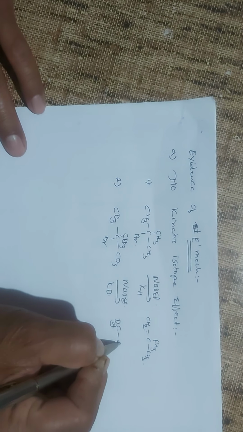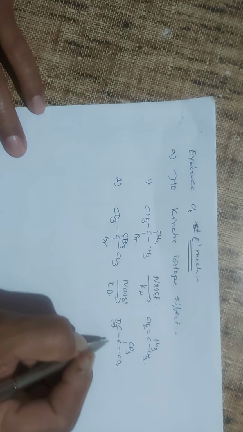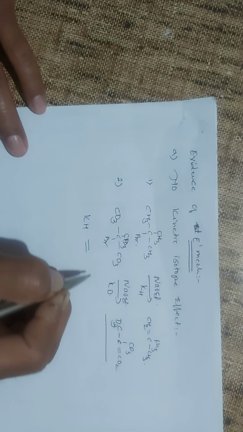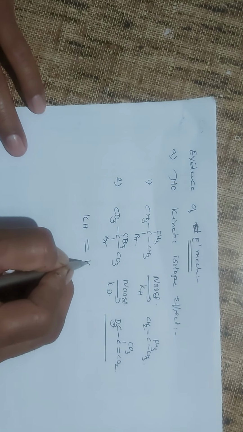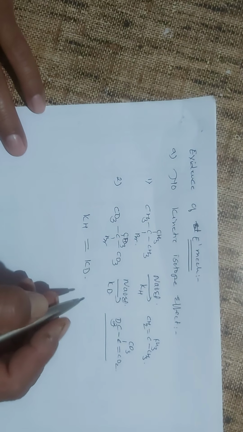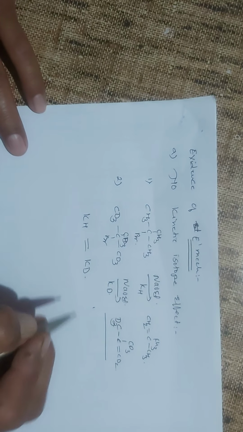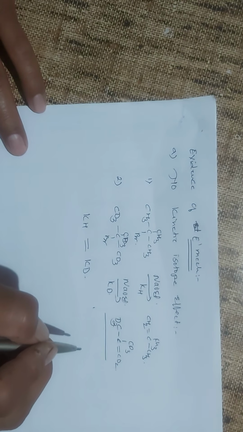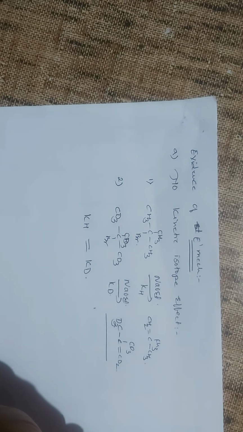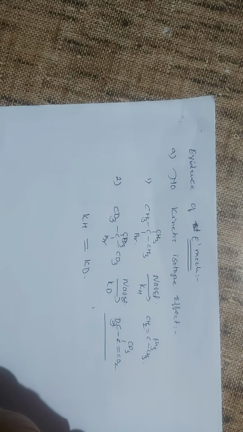Sorry, here it is C CD3 and the double bond CD2. So the rate of the protonated substrate and the rate of the deuterated substrate were found to be equal. This indicates that the breaking of the CH bond or the CD bond is not taking place in the slow step, and so it does not affect the rate of reaction.